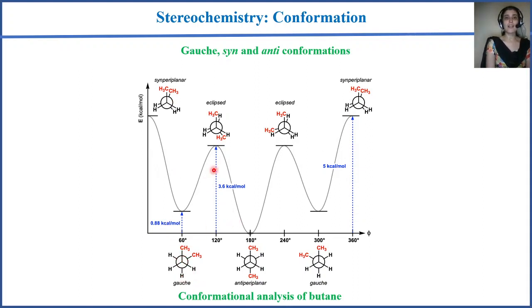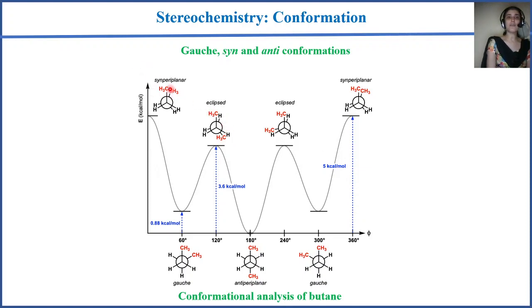And after again 60-degree rotation, we will get another eclipsed conformation, but these two eclipsed conformations are now different. In ethane, all substituents are hydrogen, but in this case, in the front carbon there is a CH3 and 2 hydrogen atoms, and in the back carbon there is again a methyl and 2 hydrogens. Now, after 60-degree rotation, we will get another eclipsed conformation.